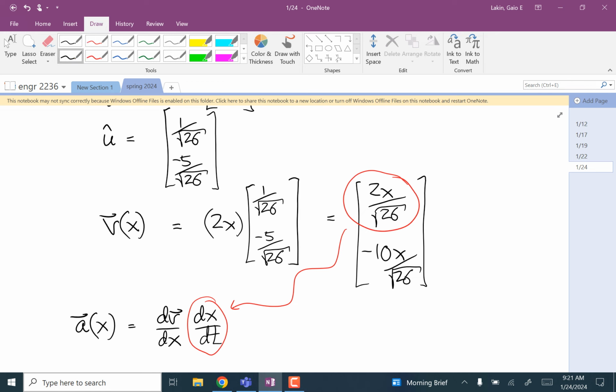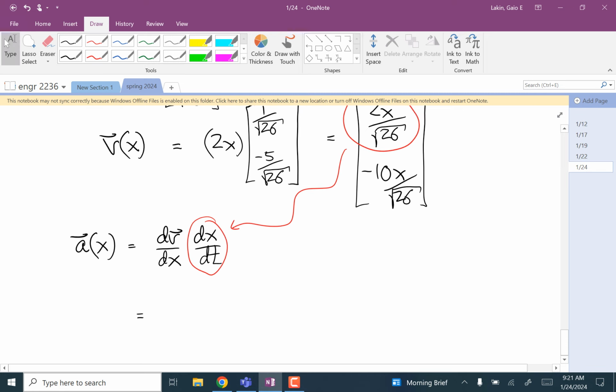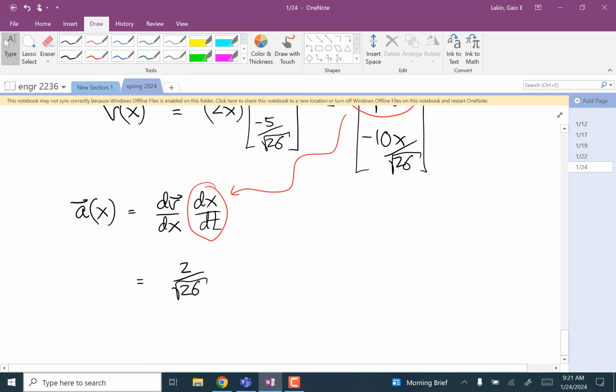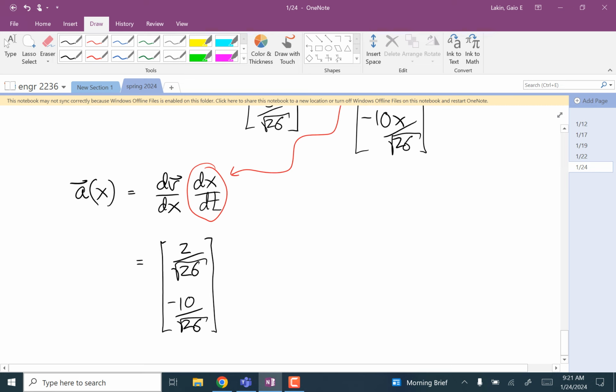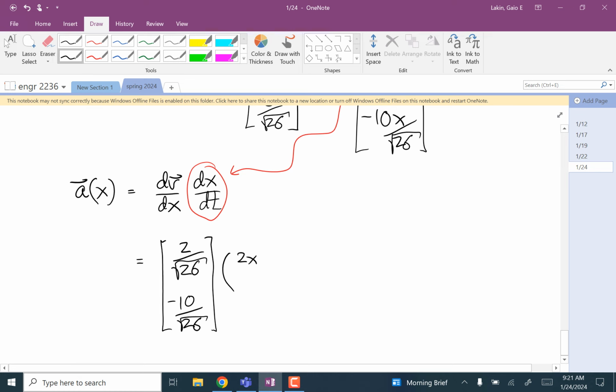Okay, so dv dx is 2 over root 26 and negative 10 over root 26. dx dt is 2x over root 26.